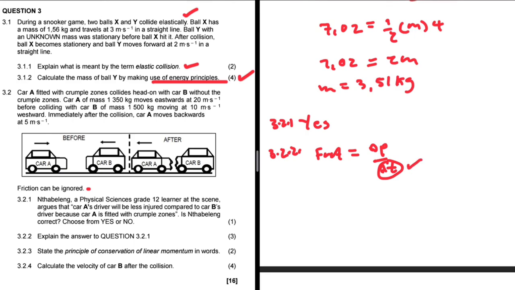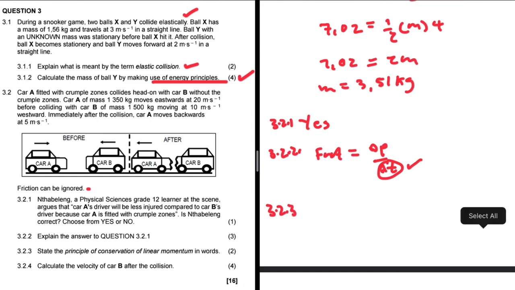So that is why it is safer to be in a car with a crumple zone. The crumple zone increases the collision time, and then according to Newton's second law of motion in terms of momentum, the net force is inversely proportional to the time of collision. So less force, less damage. That is 3.2.2.